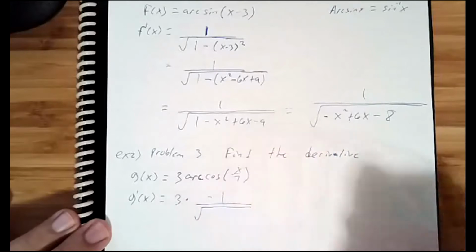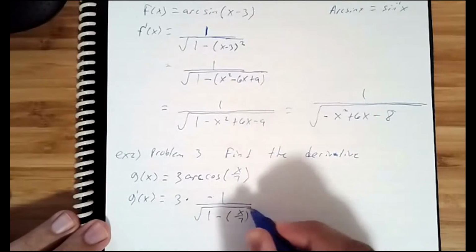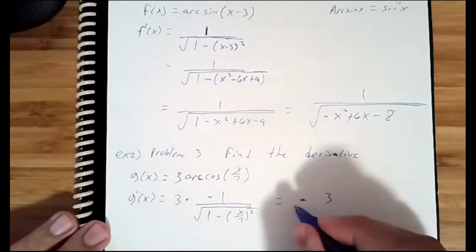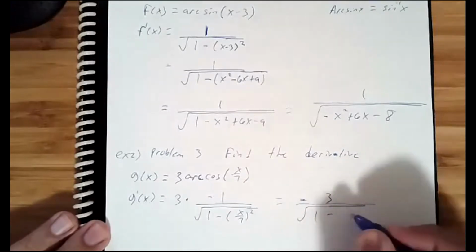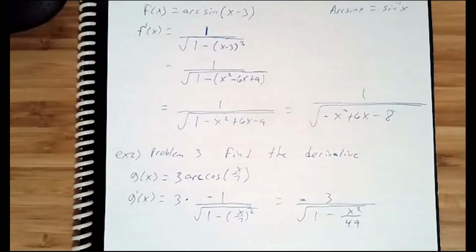Just remember that this is negative 1 minus x over 7 squared, which is negative 3 over 1 minus x squared over 49. Any question about these steps?